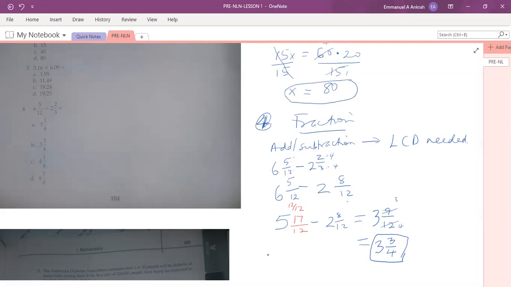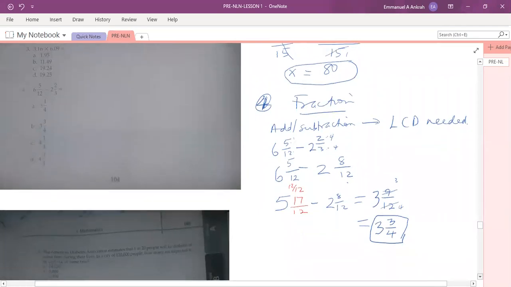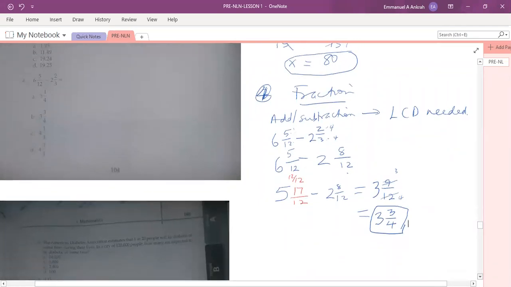Is everybody okay with the borrowing portion? At least for today, if you can remember that for subtracting fractions, that would be great. Everybody okay with borrowing from a whole number to create a fraction? Yes. Okay, that's good. All right, so that is how I will approach this question.